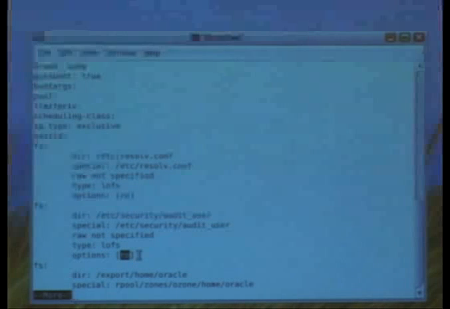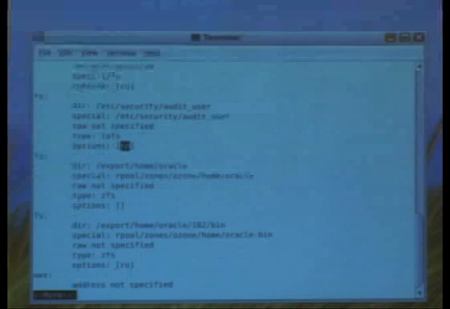That means inside the zone, no one can modify the configuration for auditing, even if there was a root account or a root role in the user that could get to this. Because it's loopback mounted and read-only over that existing file, it can no longer be modified from within the zone. That means the zone is subject to auditing whether it likes it or not, and there's nothing the zone can do about it.